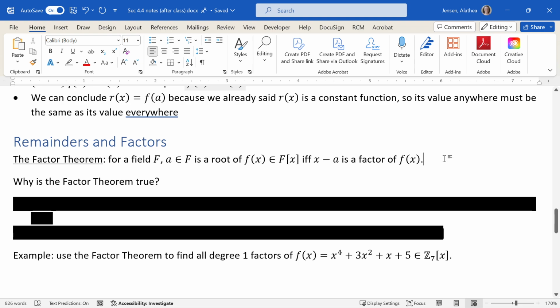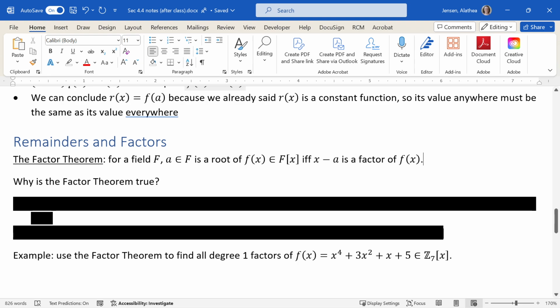You remember the fundamental theorem of algebra is that for polynomials with complex coefficients, you have exactly the same number of linear factors as the degree of the polynomial, but the zeros may be complex numbers.